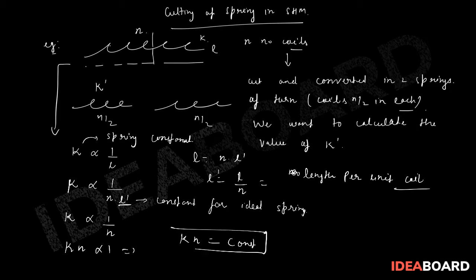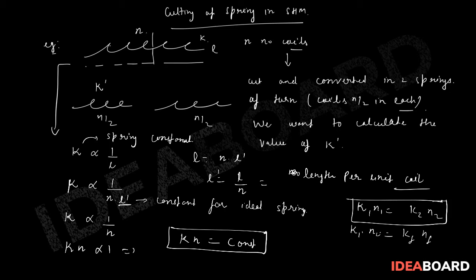So I can write K1 into N1 will be equal to K2 into N2. So K initial, N initial is equal to K final, N final. Here K initial is K, N initial is N, then K final we want to get, which is K dash, into N final is N by 2. So this is cancelled out, so K dash will be 2K, right? This is going to be the value of K dash.